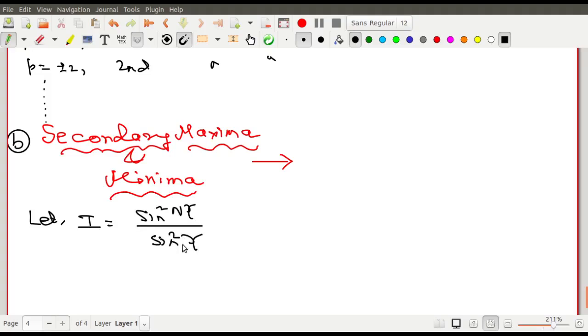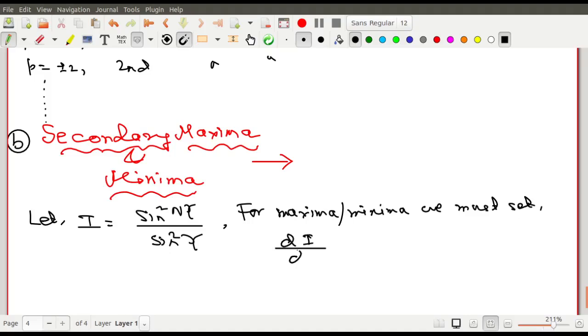For maxima or minima we must set dI by d gamma equal to 0, and you perform the derivative next.